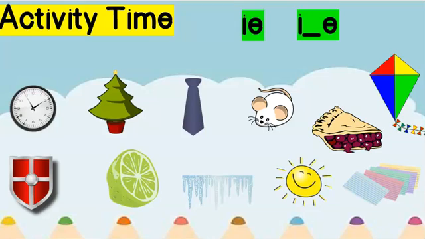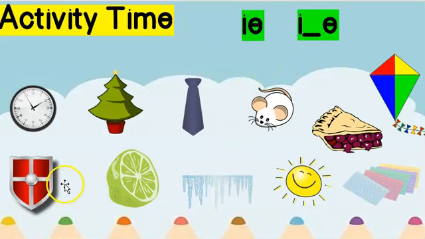So this activity we were doing the long I song and we were doing these variations. So what they had to do is that they had to look at each picture and they had to say the item that the picture is showing, and then they had to say which variation they would use to spell the word, and then we would just spell the word out and I would just type it in under each picture.